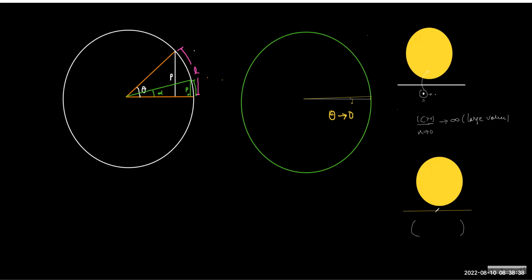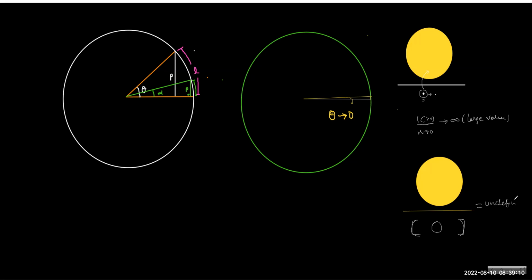Can we ever, no matter how many times you multiply nothing, will you get something? So no matter how many times you multiply a 0, will you get any number? The answer is no. 0 into anything is only 0, isn't it? So can we say this as infinity? The answer is no. What do we call this?